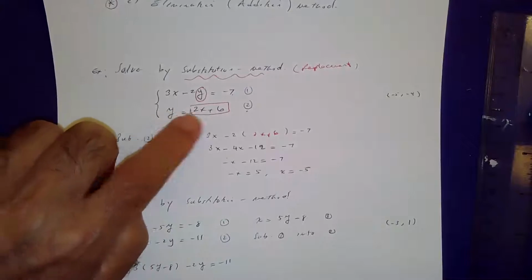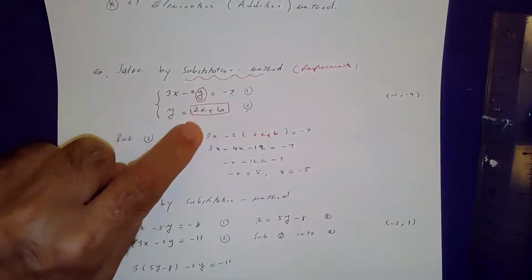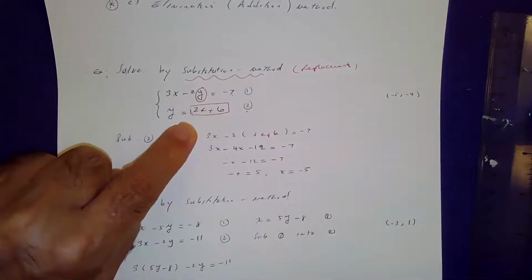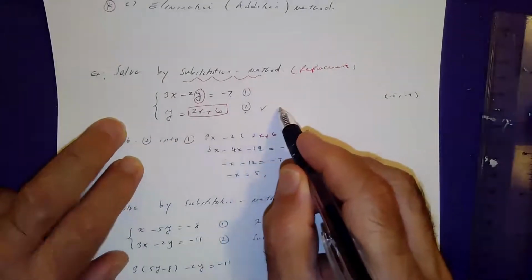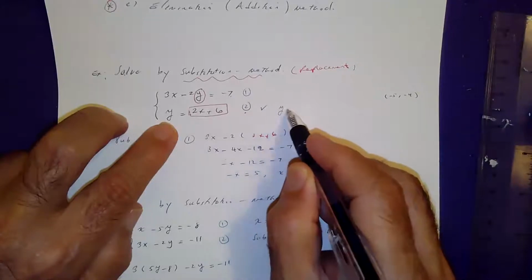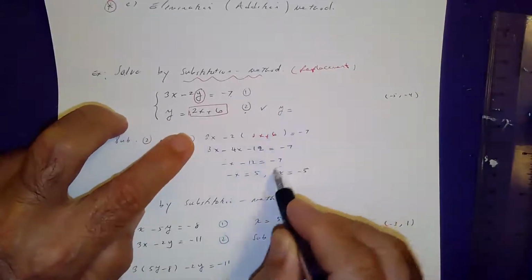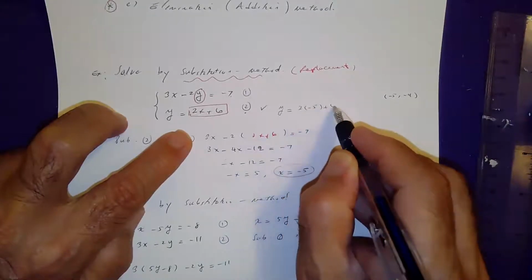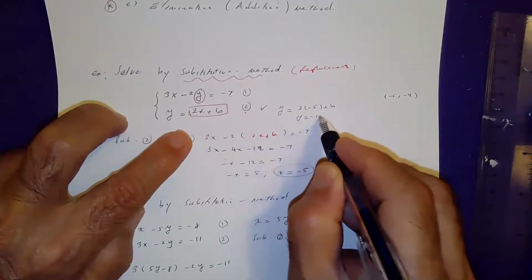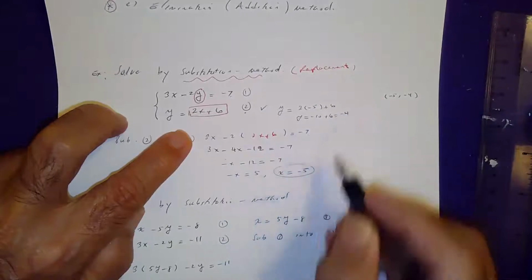That's not good enough because now we got to go find y. Question is, you can either go from equation number 1 or equation number 2, find what? Y. I'm going to go to equation number 2 because y is on one side of the equation. So I'm going to replace the x with -5. So I'm going to get 2 times -5 plus 6. So that's going to be -10 plus 6, which is -4.